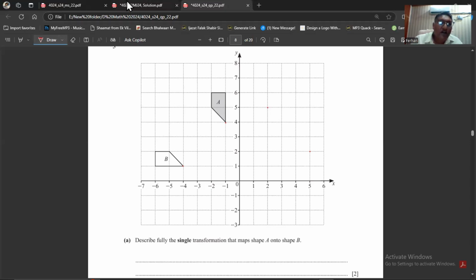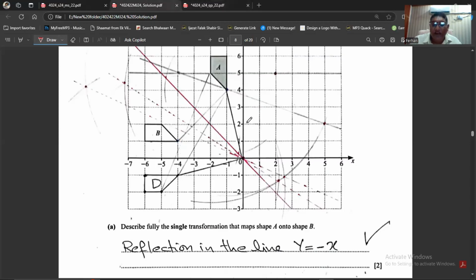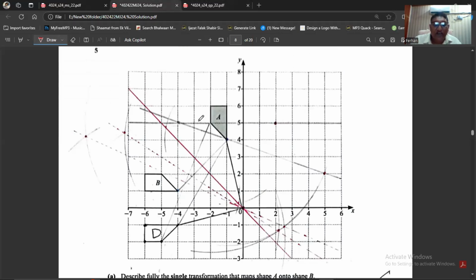And this is our question. Let me show you. Can you see these black lines? This point and this point, I joined them with this black line and prolonged it on both sides. Then I joined these corresponding points in the object and the image, and prolonged this line. These two lines intersect here.